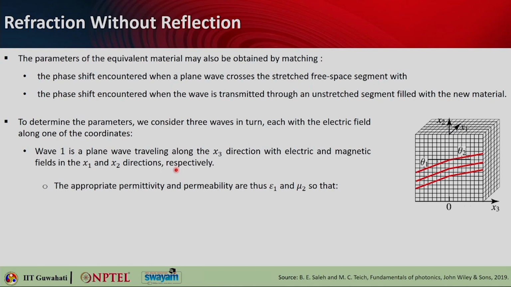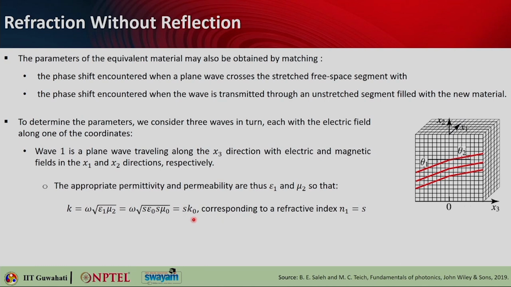So, in that case, the appropriate permittivity and permeability are epsilon 1 and mu 2. And what is the relationship? K will be omega square root of epsilon 1 mu 2. Epsilon 1 is S epsilon naught, mu 2 is S mu naught. So, you can take out S, and this gives you S k naught. Okay. So, the wave vector is S times k naught in this new material.